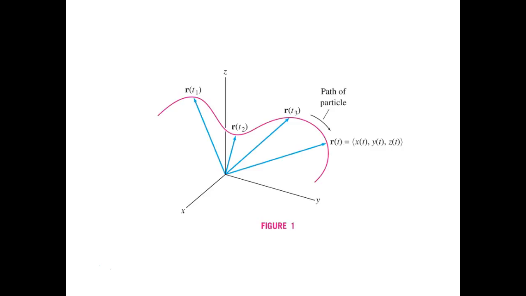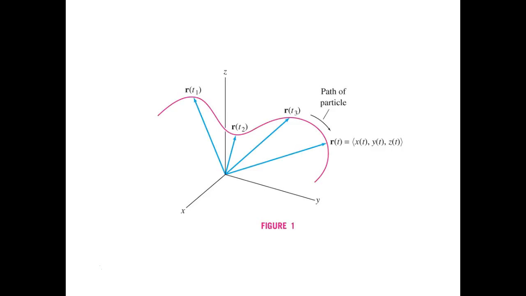R of t to the minus 1 could be over here. I mean, this is just a marker saying which t you're talking about. Okay? The function r could be decreasing with increasing t. It could be increasing with increasing t. Yeah. So lots of things could be going on.